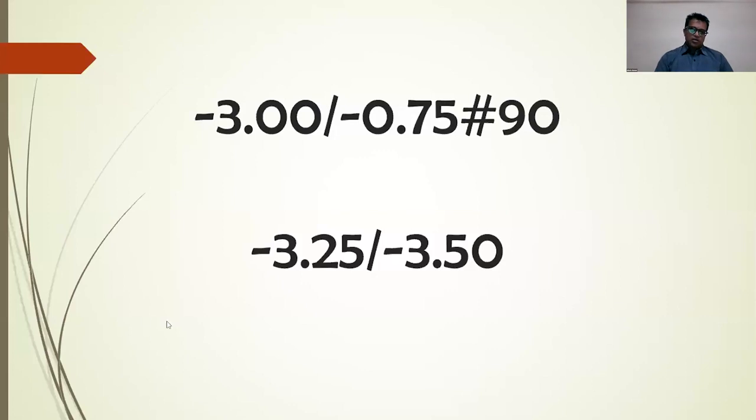Why does this happen? Now let's take some examples from a spectacle point of view. You have a prescription like -3 with a -0.75 cylinder with an axis of 90. Imagine if you convert this into a spherical equivalent, instead of giving the spherocylinder, and you tell the patient, come on, read. Obviously with the spherocylindrical combination, the patient is able to read 6/6, but with the spherical equivalent, his vision is 6/9, or 6/7, or 6/12.